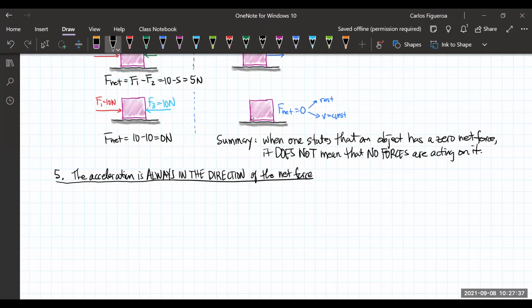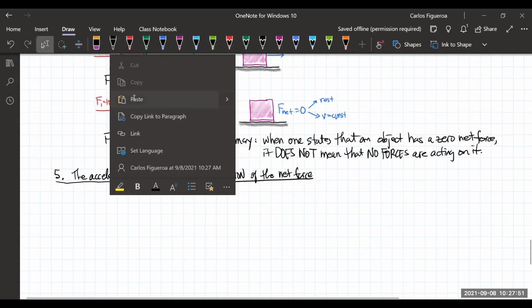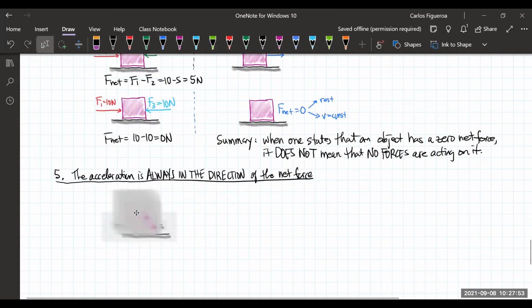So let's look at this scenario here. I want to talk about this picture. I want to set up this situation where I have my block, and I'm going to use a spring.